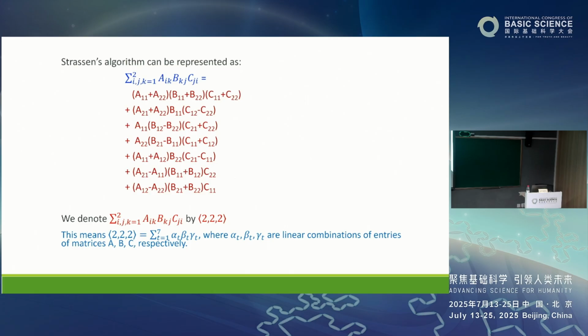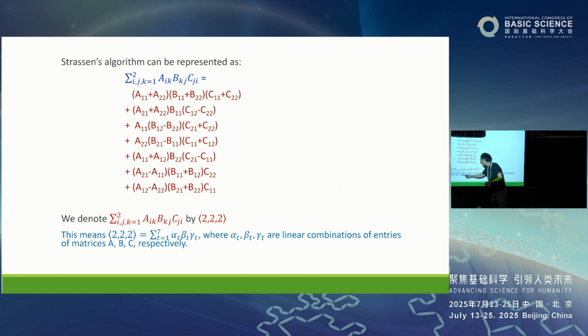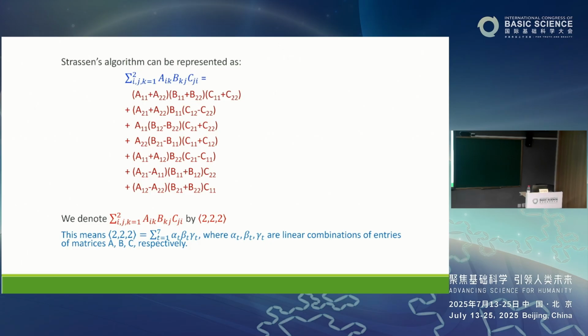So we call such a tensor the matrix multiplication tensor, and this one is 2 by 2 by 2. So this means that this tensor equals the sum of 7 such products.